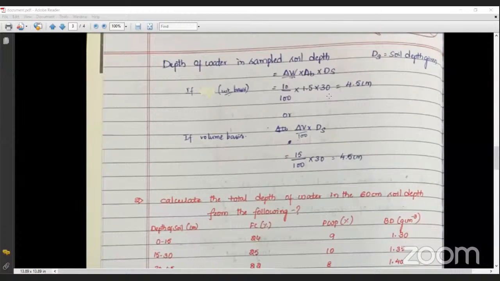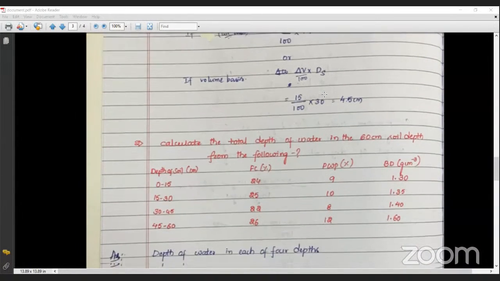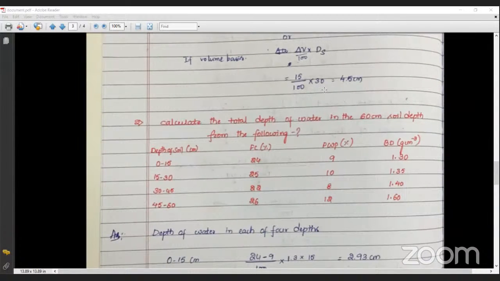Then you have to convert that meter into centimeter, and express this as 4.5 centimeter, because they will expect the answer in centimeter. So, second question, right? Any doubts here for this problem? No, sir. Clearly understood? Yes, sir. Okay, right. Then we will move to the second question.